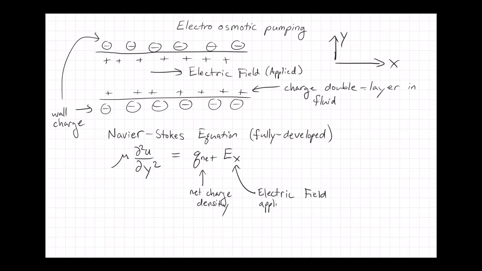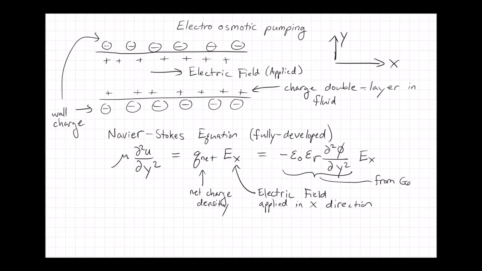And of course, the net charge density here is only non-zero inside the charge double layer. We can relate that net charge using Gauss's law to the electrostatic potential inside the double layer, as we've shown in the double layer series of lectures.